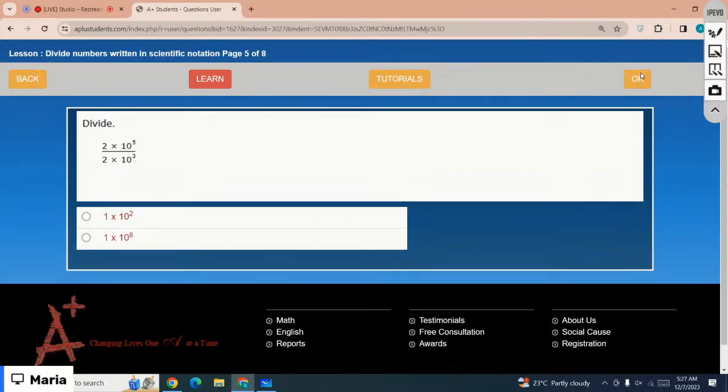Okay, the next one is 2 times 10 exponent 5 divided by 2 times 10 exponent 3. So which is the correct option?